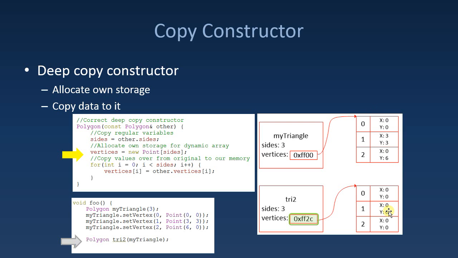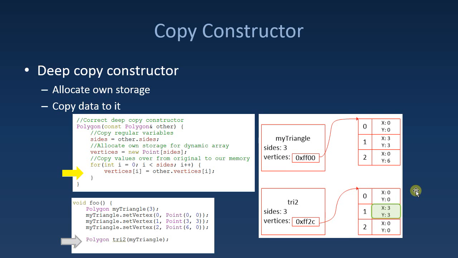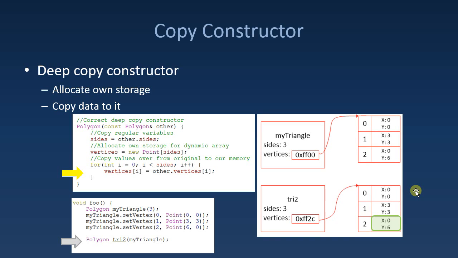So now I've got to go loop through, and for each of the 3 sides, the 3 vertices, I need to go get the other guy's one and copy it to my one. All right, so I'm going to loop through here, and I'm going to copy his vertex number 0, then copy over number 1, copy over number 2, and go through and copy piece by piece everything in that array.